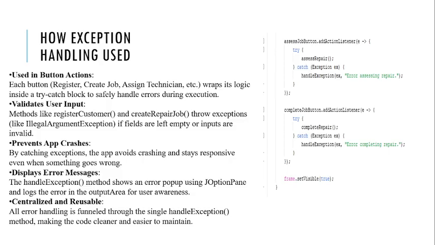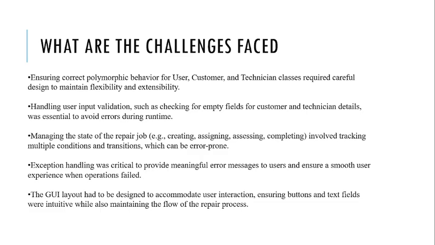Now coming to what are the challenges that I faced while implementing the code. Ensuring correct polymorphic behavior for user, customer and technician classes required careful design to maintain flexibility and extensibility. Handling user input validation, such as checking for empty fields for customer and technician details, was essential to avoid errors during runtime.